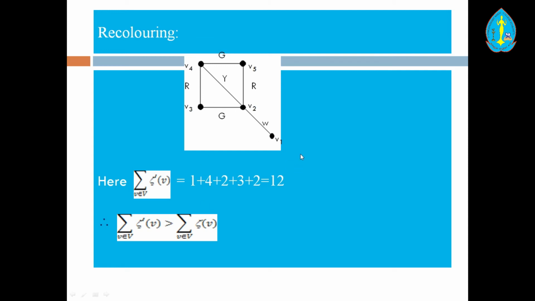In V1 only one color is represented, in V2 4 colors, in V3 2 colors, in V4 4 colors, and in V5 2 colors, so 1 plus 4 plus 2 plus 4 plus 2 is 13. That is, for the recoloring, the sum of C dash of V is 12, whereas for C the sum of C of V is 11. Therefore C dash is an improvement of C.